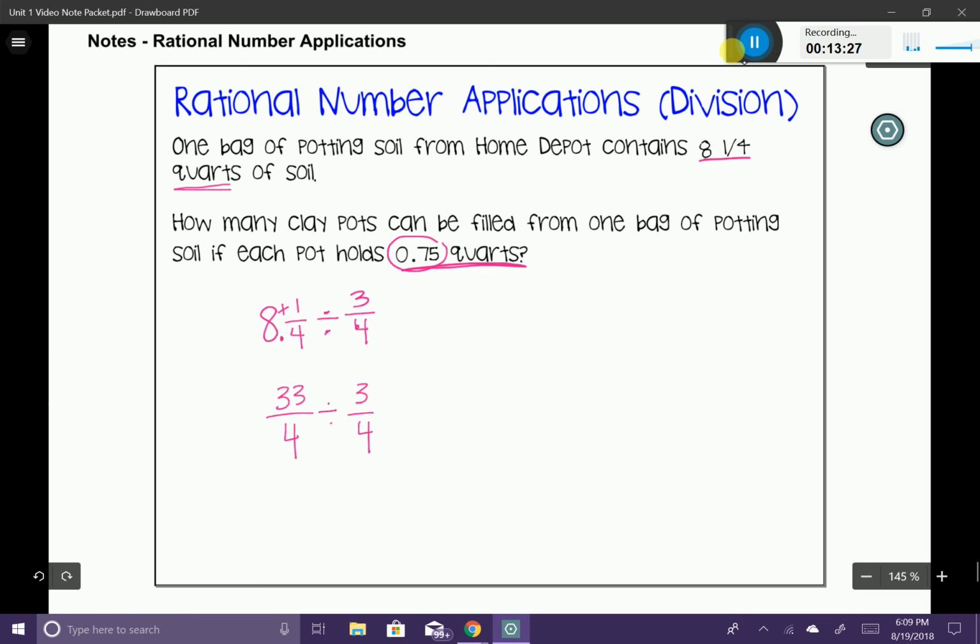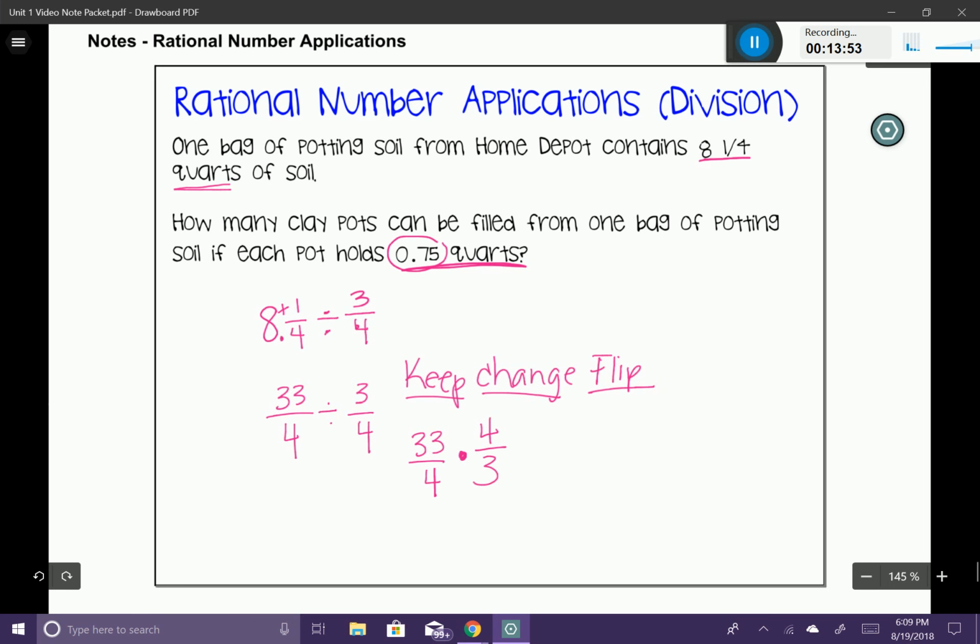Now, we need to do that little thing that we did in the last lesson. Do you remember this? Keep, change, flip. You always do keep, change, flip when you're working with division of rational numbers. So let's keep 33 over 4. Let's change our operation, division, to multiplication, and let's flip our second fraction to 4/3.